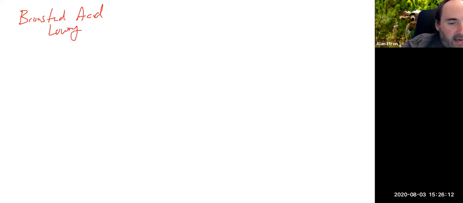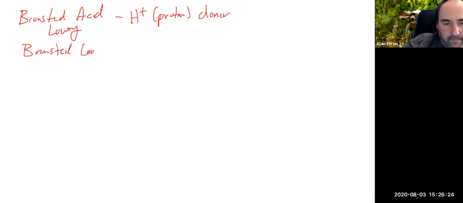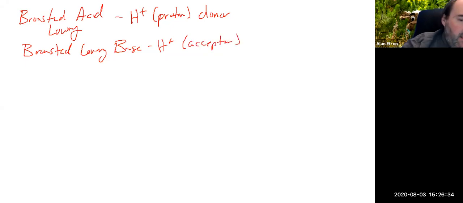A Bronsted-Lowry acid is a proton donor, while our Bronsted-Lowry base is a proton acceptor. This is really the most common definition of acids and bases that we come across.